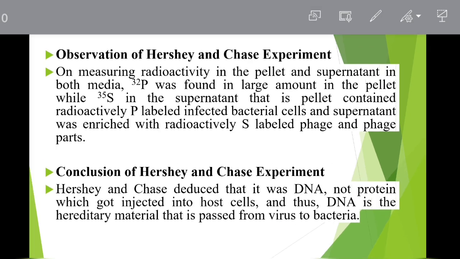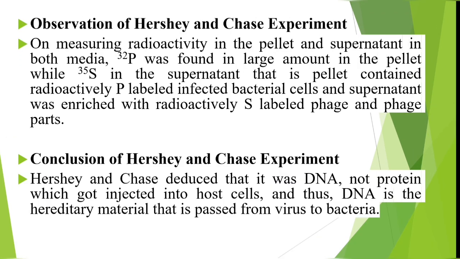They observed that on measuring the radioactivity of the pellet and supernatant in both media, P32 was found in large amount in the pellet, whereas S35 was present in the supernatant. In the pellet, bacterial cells are present, and they contain DNA with P32.